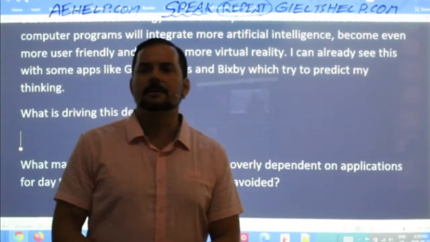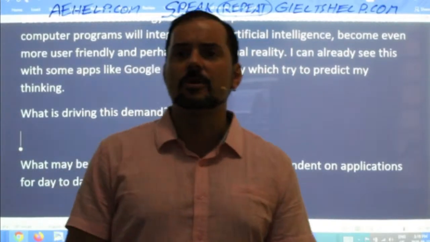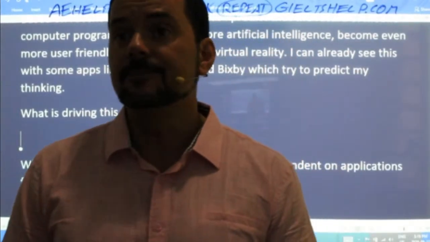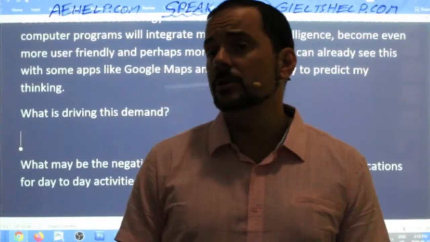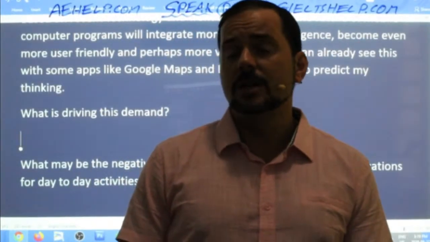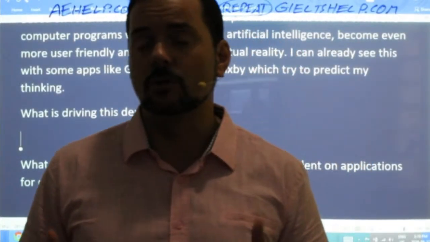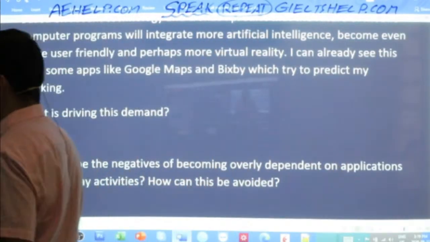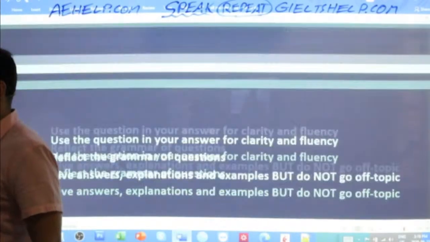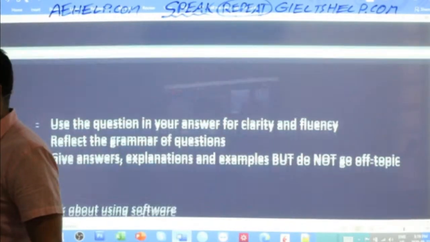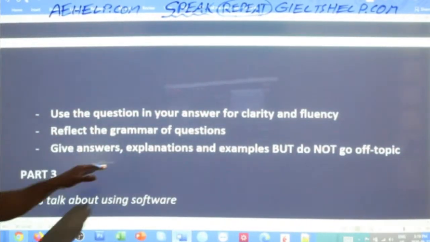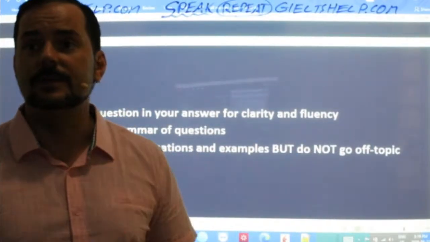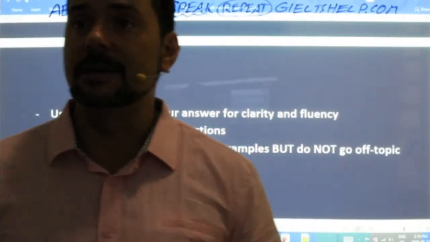Monica Bethula says, work-related programming in all fields tend to develop this demand. Monica, I think that's a really good start to the answer. Can you please explain that? So Monica, you have an answer. Remember, to get a band 9, you want to think of explanations and examples. So you're using the question, which is good. They're developing this demand.